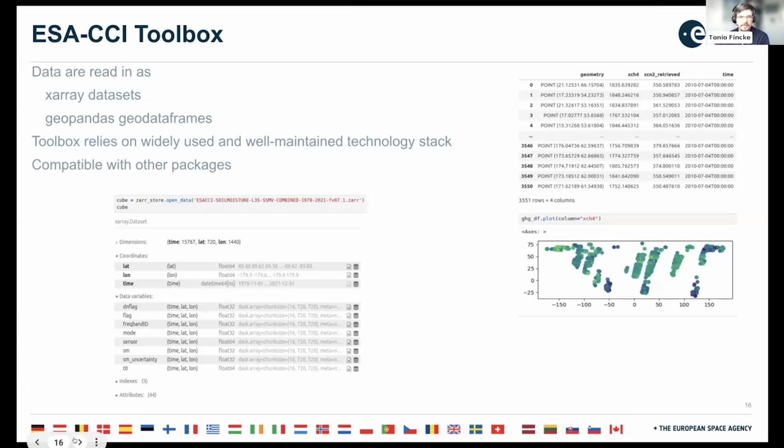The data is provided either as an xarray Dataset or as a GeoPandas GeoDataFrame. All the data usually comes with a spatial component and also a temporal component.